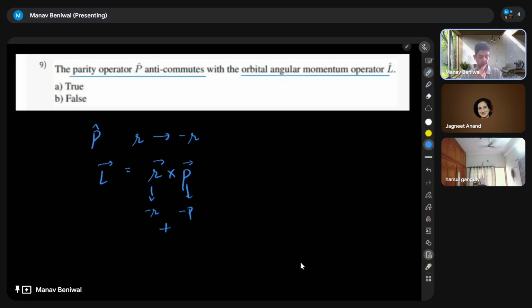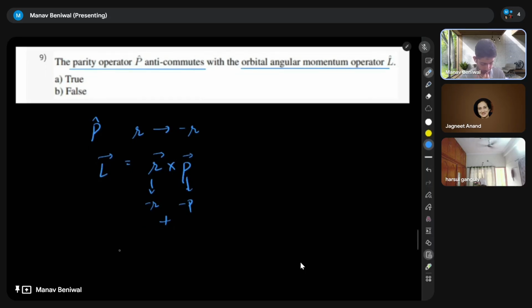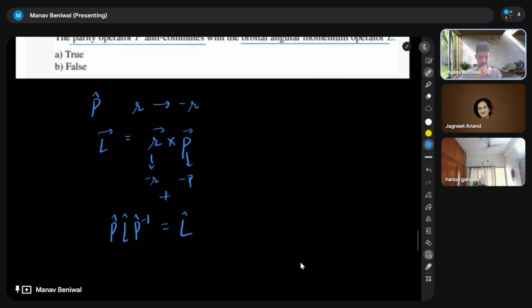So therefore, if we write this equation for the parity operator P, P L P inverse remains L, right? Now we can operate P from the right-hand side on both sides, the standard thing that we do.